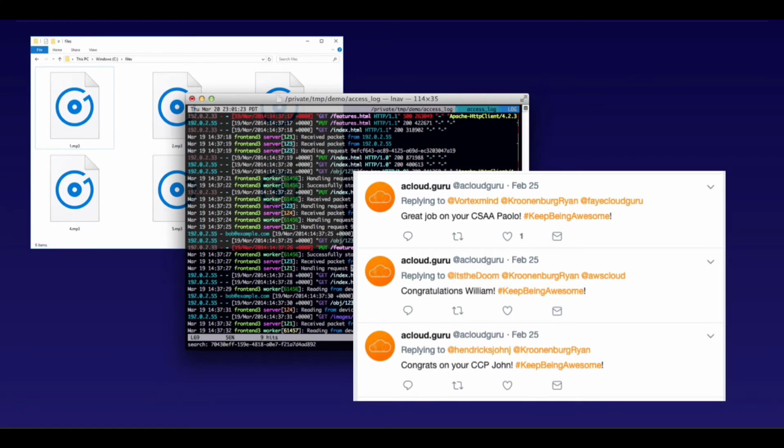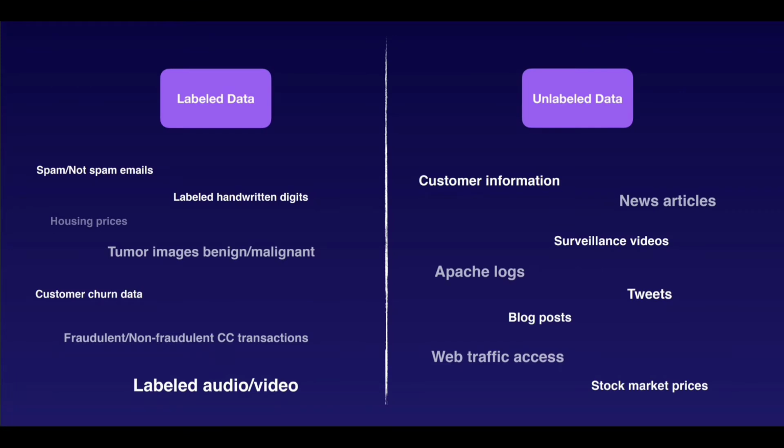Now, for some more examples of unlabeled data and labeled data, think about the labeled data as spam or not spam emails like we saw earlier. Think about labeled handwritten digits, data about housing prices, tagged images of tumors that are benign or malignant, and customer churn data. Did the customer come back or did the customer unsubscribe?